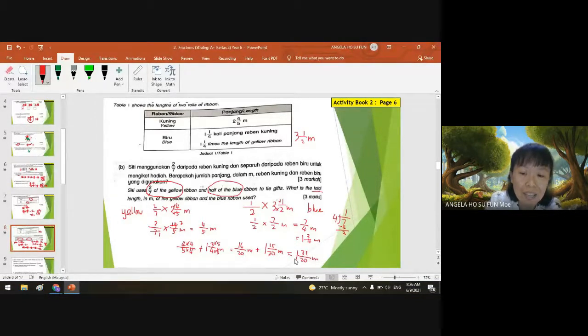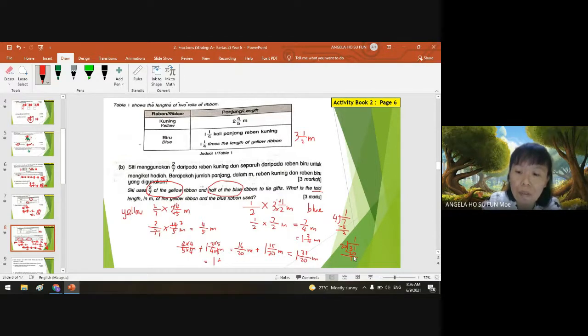This is not the end yet, because 31 is more than 20, improper fraction. So what you do is 31 divided by 20. You get 20 times 1 is 20, remain 11. So here you will get 1 and 11 over 20. Don't forget, the original, you have whole number 1 here, plus what is the mixed number you get from this when you divide 31 by 20?